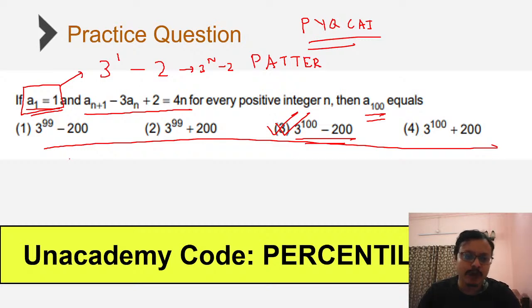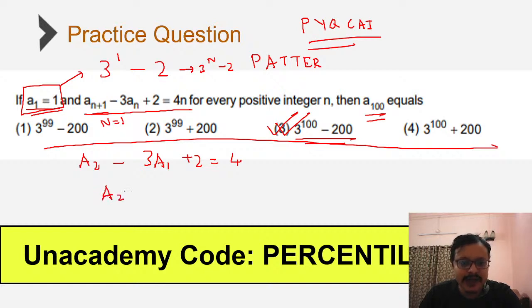Alternatively, if you wanted to do one more value, you can put A2 here instead of A(n+1). You can put n equal to 1, that is A2 minus 3A1 plus 2 is equal to 4, which means A2 minus 3 plus 2 is equal to 4. So basically A2 comes out to be equal to 5. How can I write 5?